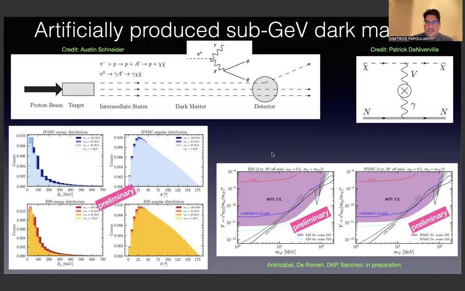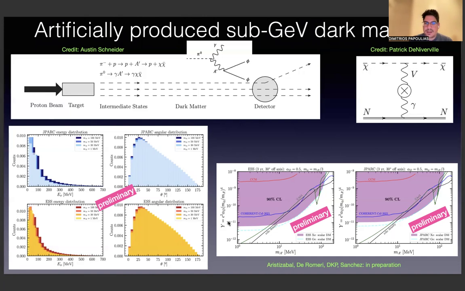So we have analyzed the expected signals and compared them with the expected standard model signals from coherent elastic neutrino-nucleus scattering. And we have put constraints in the parameter space of the dark photon mass versus this complicated parameter here, which contains the dark matter mass, the dark photon mass, the epsilon and alpha D couplings.